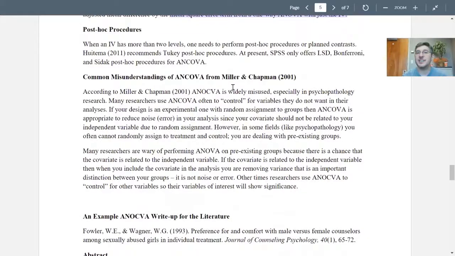One of the readings here is from Miller and Chapman, on common misunderstandings of ANCOVA, and you can get an idea of their arguments for and against using analysis of covariance, especially some of the pitfalls of using ANCOVA with intact groups or non-experimental groups.